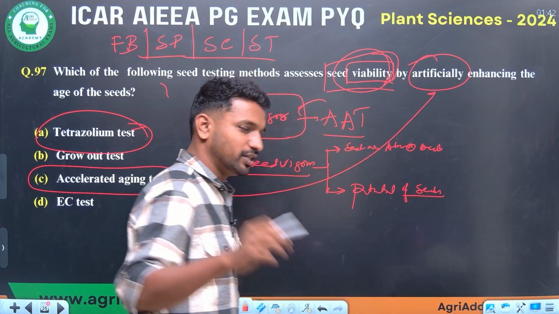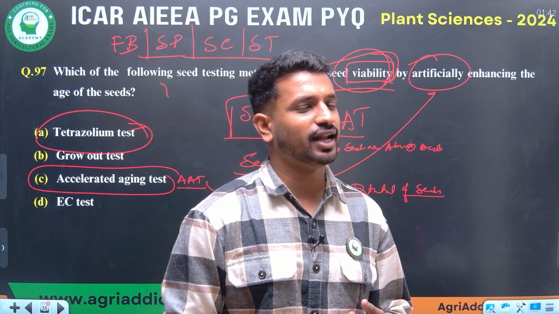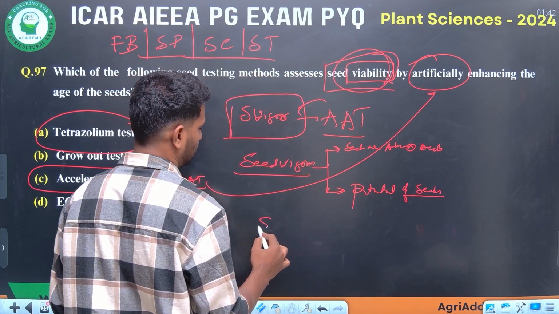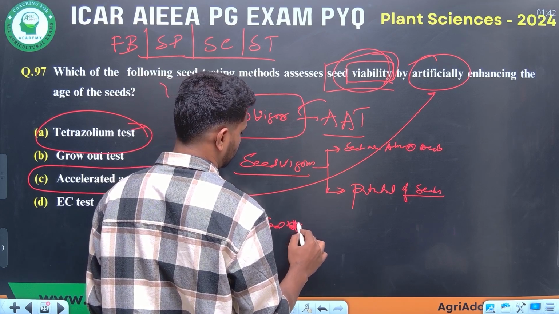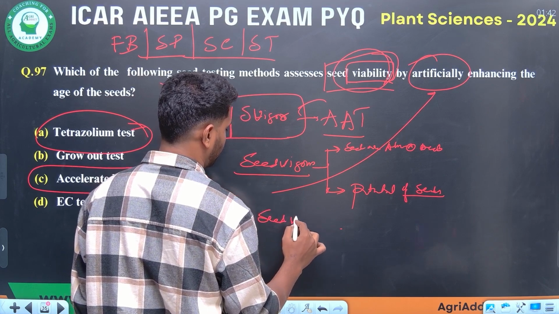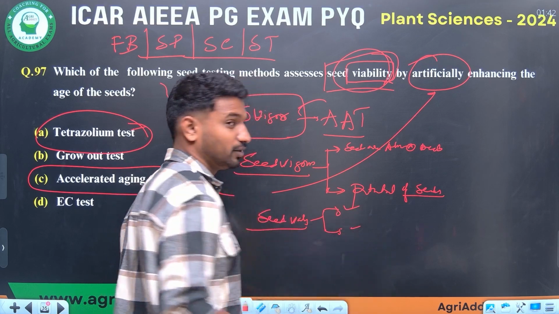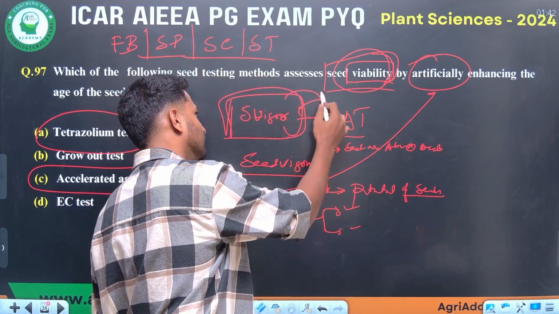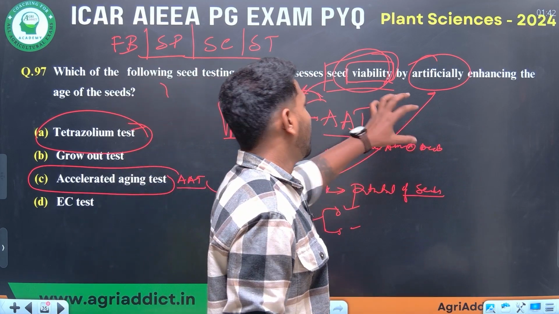Once you do the seed vigor testing, you will know both whether the seeds are alive or not, and the potential. But do the reverse. If you simply go for a viability test, will both the things be addressed and answered? No, right? So that's why seed viability is also part of seed vigor testing, which we can also do with the accelerated aging test.